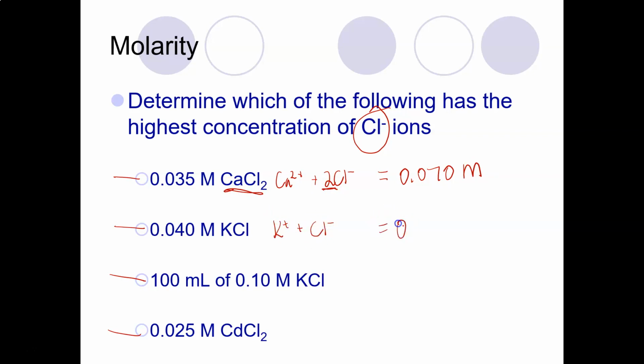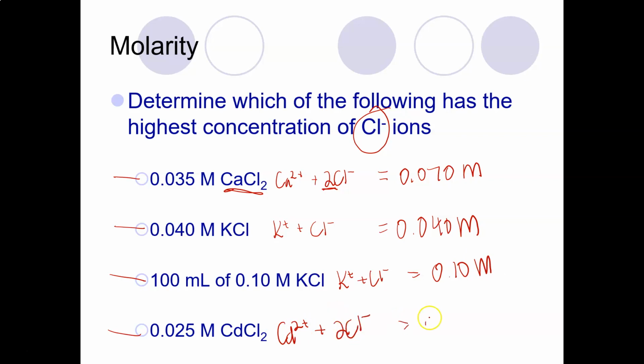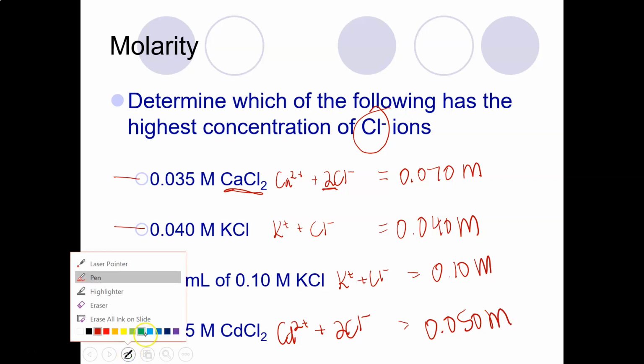So the molarity of chloride is 0.040. 100 milliliters of 0.1 molarity potassium chloride, well, that breaks into potassium and chloride. The 100 milliliters, we don't care. We're looking at just the molarity, so 0.10. And then for this one, it's going to break into cadmium and 2 chlorides, so it would be 0.050. Because the 2 chlorides, I had to multiply by 2.